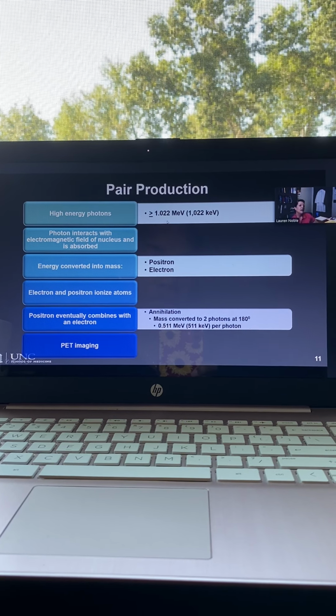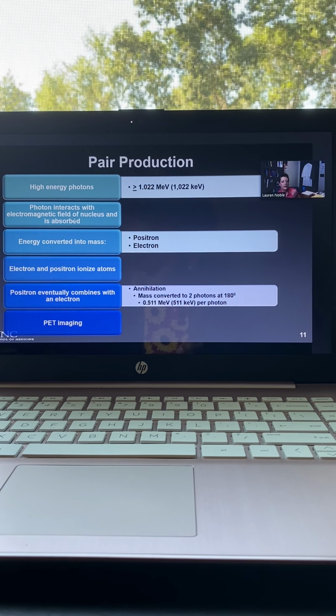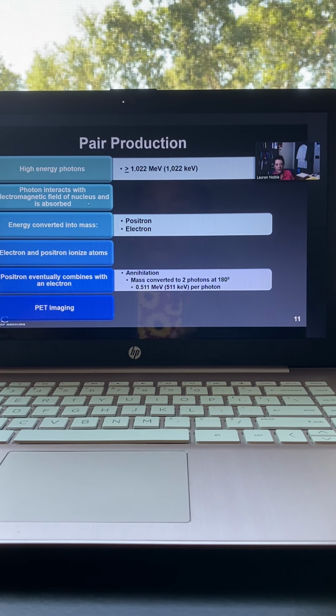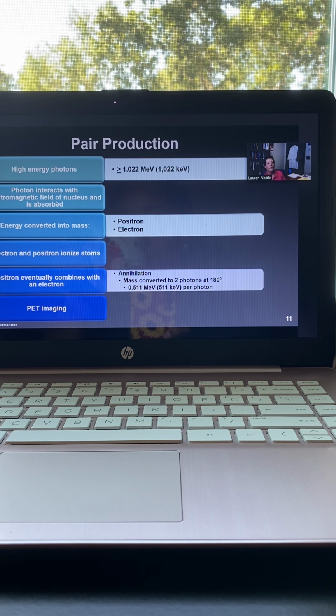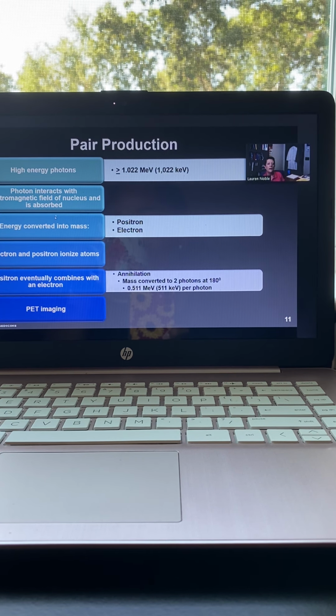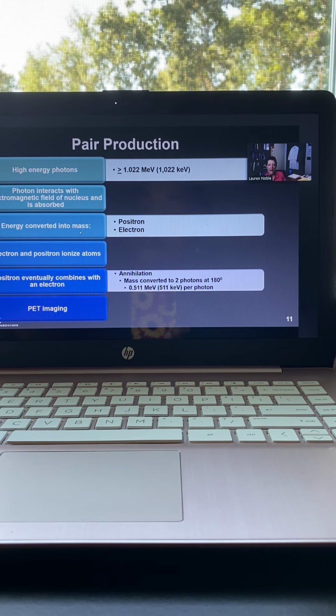These high energy photons will interact with the electromagnetic field of the nucleus and get absorbed. The energy gets converted into mass.